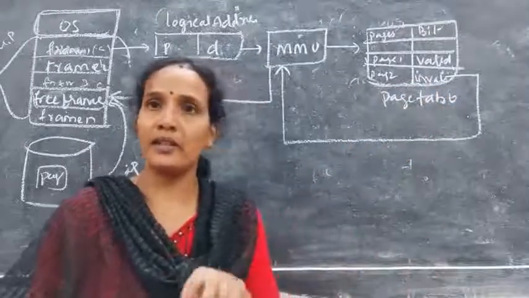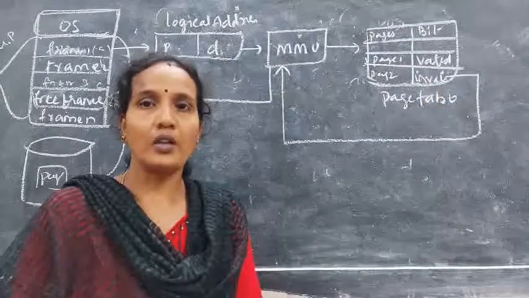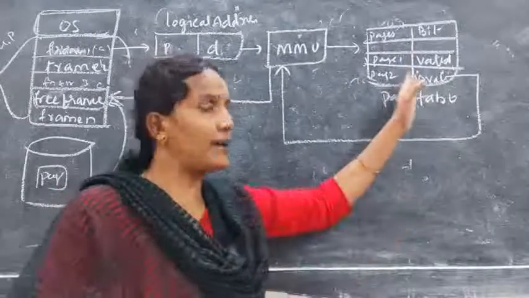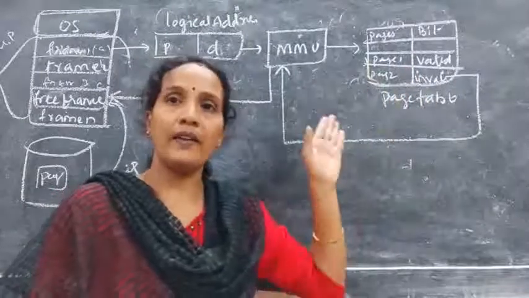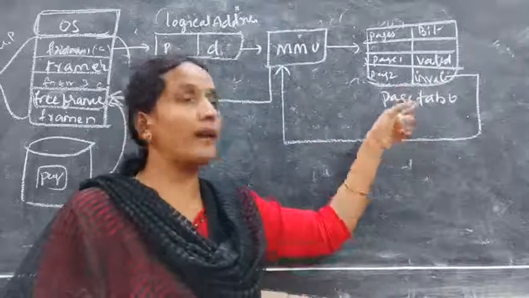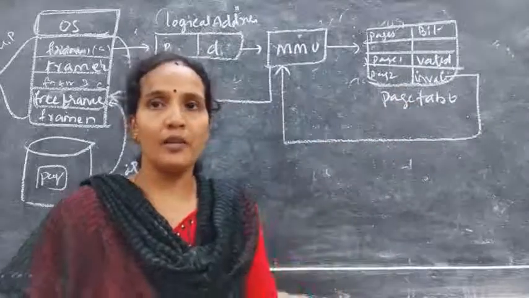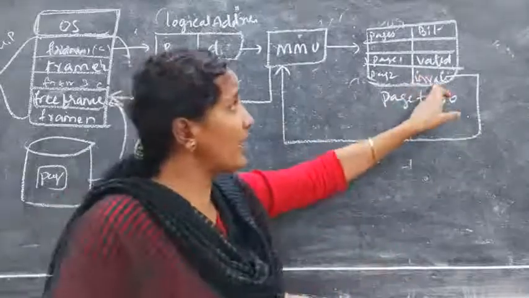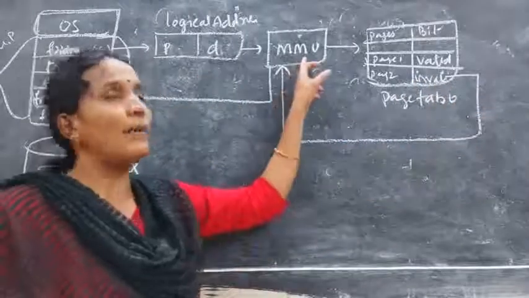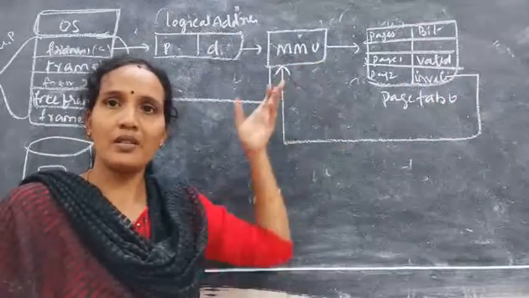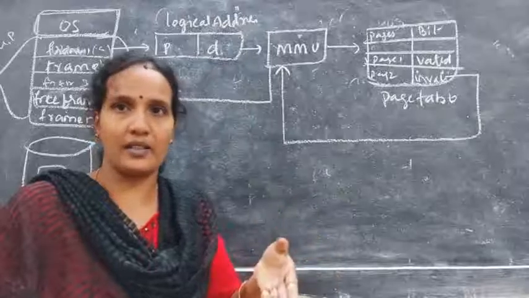That page is not there in the main memory. Understood? Valid means that page is there in the main memory. If it is invalid, then that page is not there in the main memory. Then control goes back to the operating system, because invalid means that page does not exist.